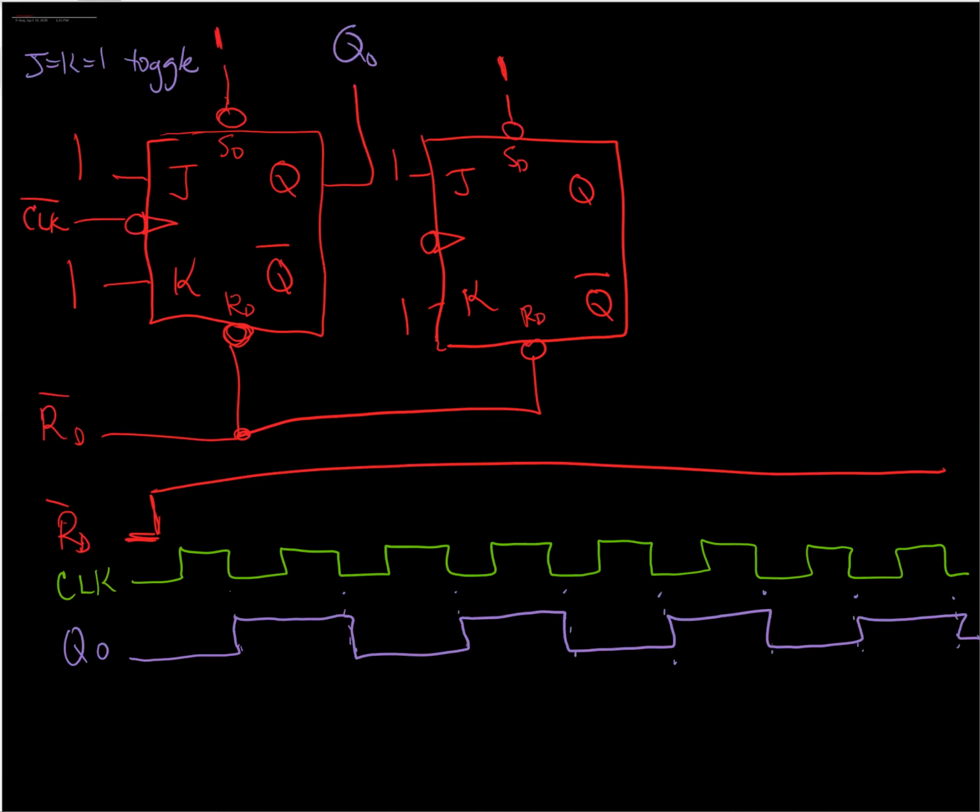And now the clock input to this next flip-flop, I'm not going to join it to the other clock. What I'm going to do is join it to Q0, the output of the previous flip-flop. That means that this output Q1, let me erase that, coming from our next flip-flop here is going to toggle on the falling edge of Q0 because Q0 is the clock to that flip-flop.